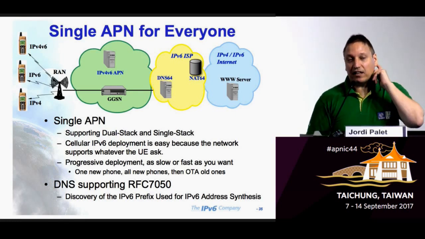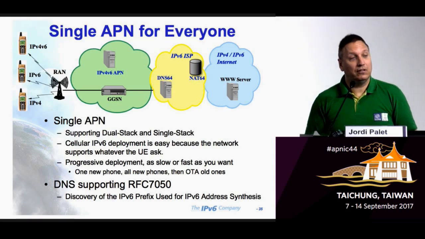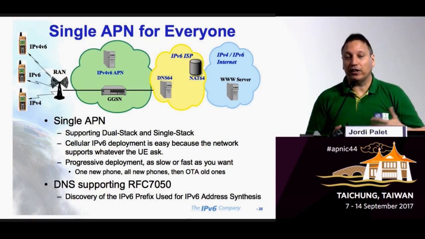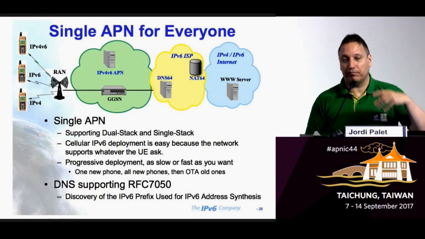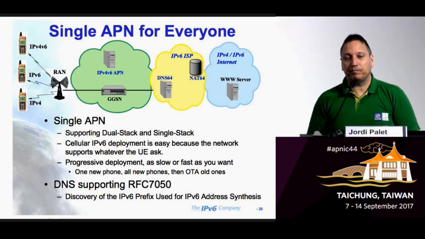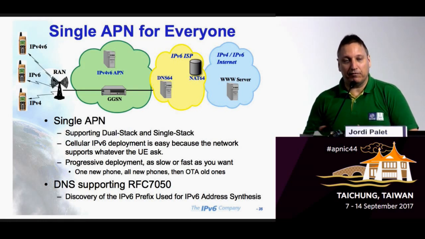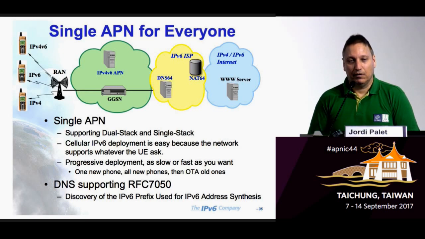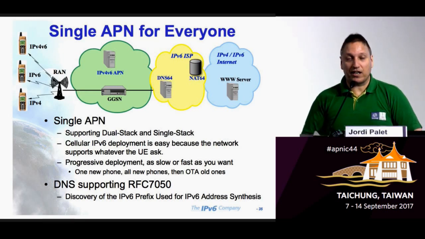What happens is that you can start by saying, oh, there is a new Android model from vendor X. Let's give this new phone this APN information. Let's give, for example, just IPv6, and that's it.